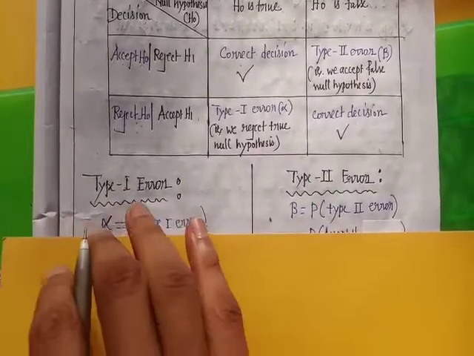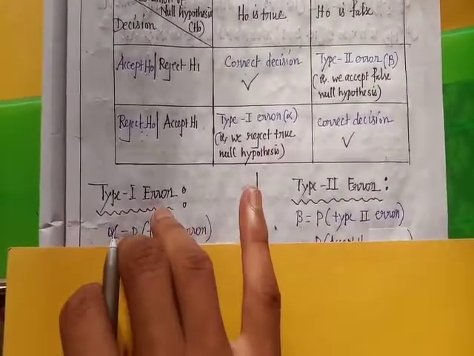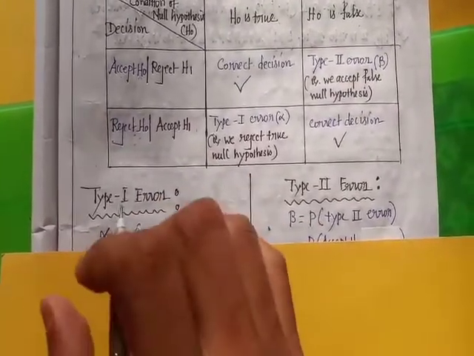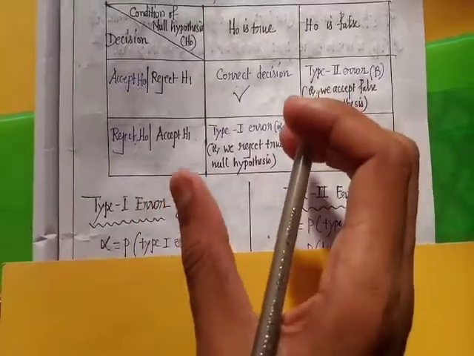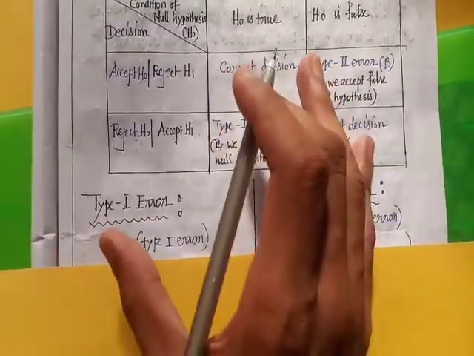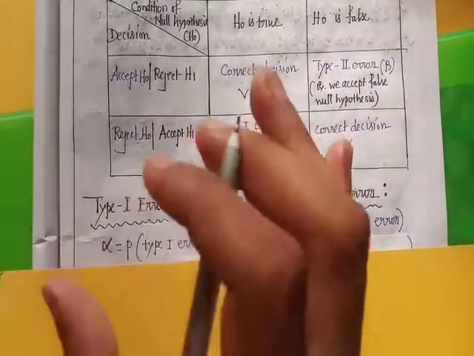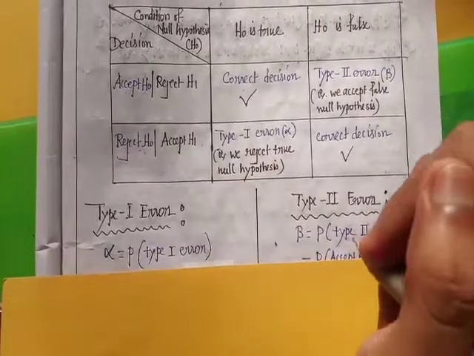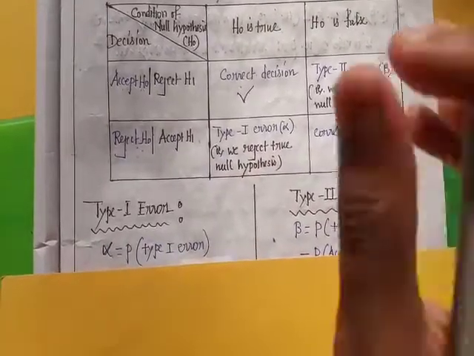Next, alpha. Alpha is equal to the probability of type 1 error, and the probability of type 2 error is denoted by beta.